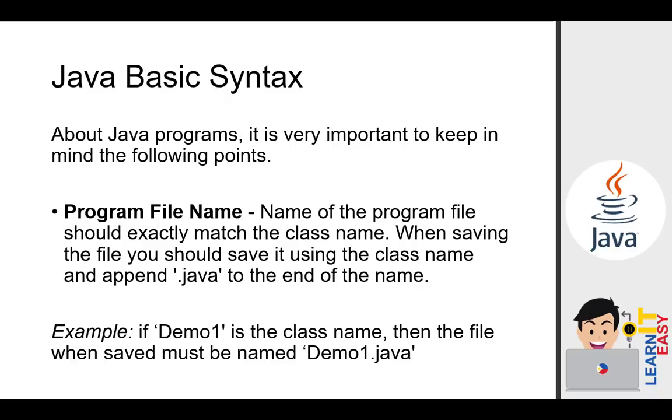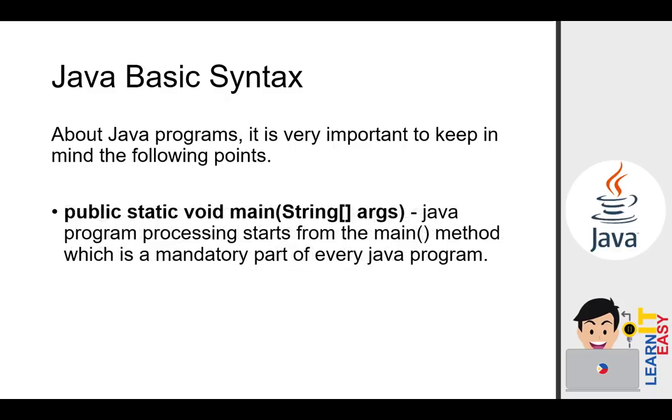Next. Lastly, the public static void main(String[] args), or the main method, where Java program processing starts. The main method is a mandatory part of every Java program.